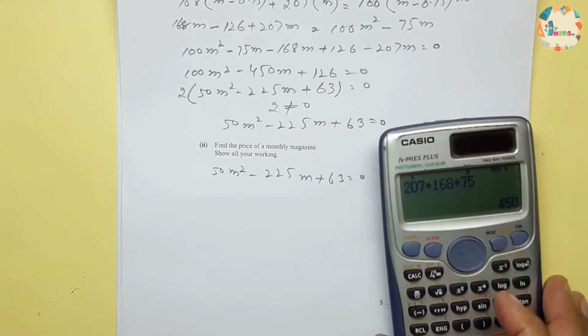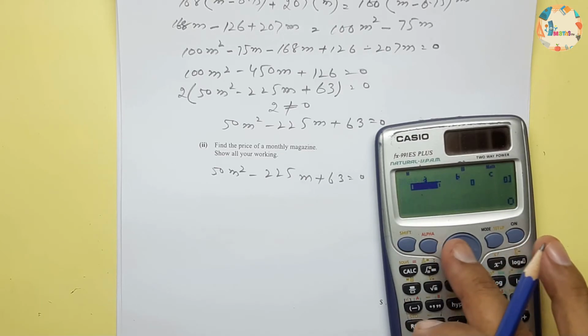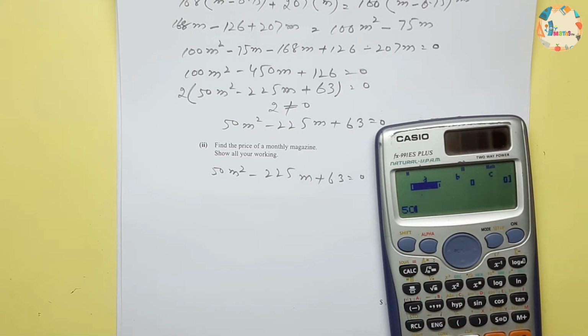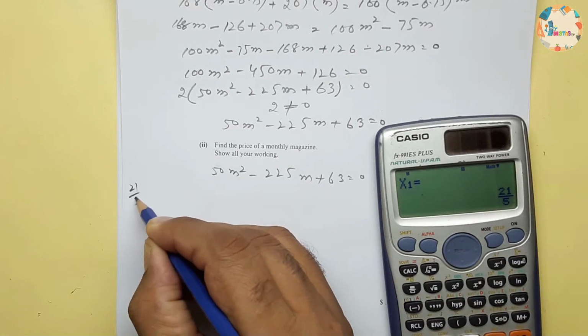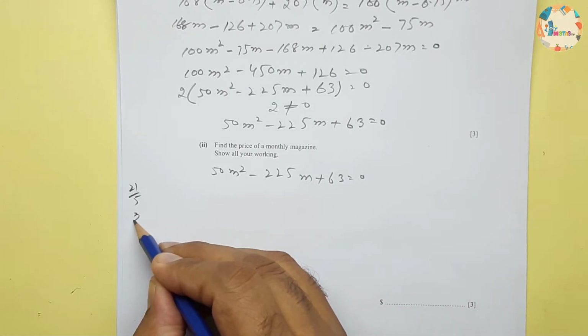So now we can use the same calculator method as well, mode 5 3, and we can give the values 50 and next value is minus 225, and even you can use the quadratic formula also if you want. Then 63 will be this value. Answer will be 21 over 5, and second answer is 3 by 10.